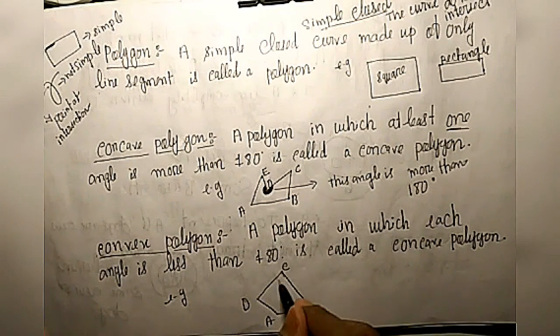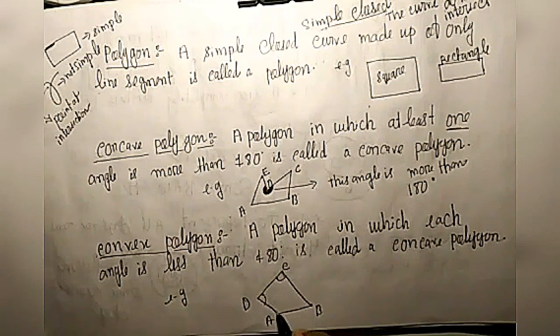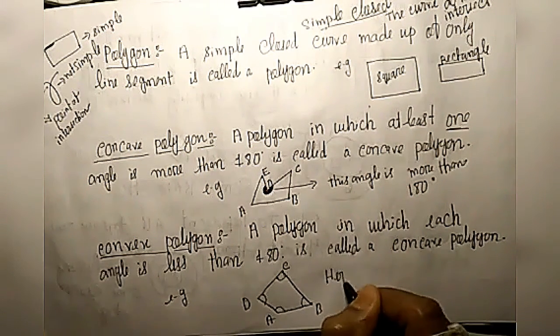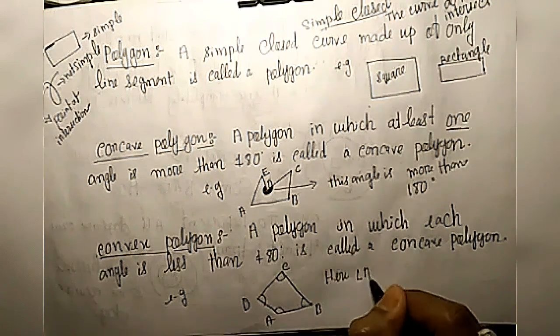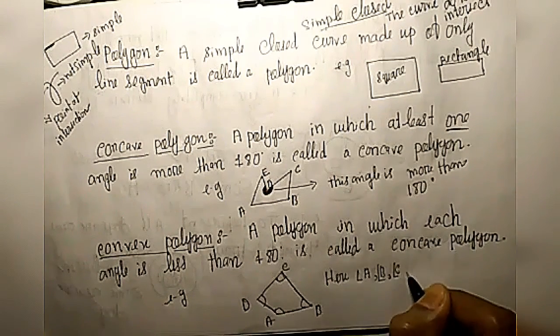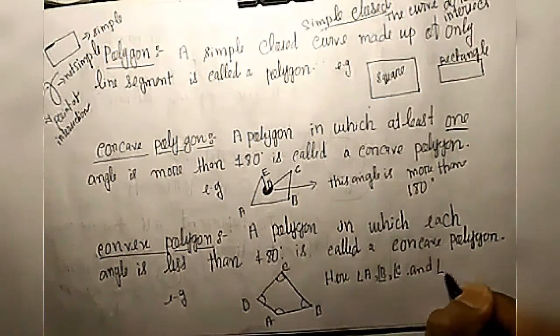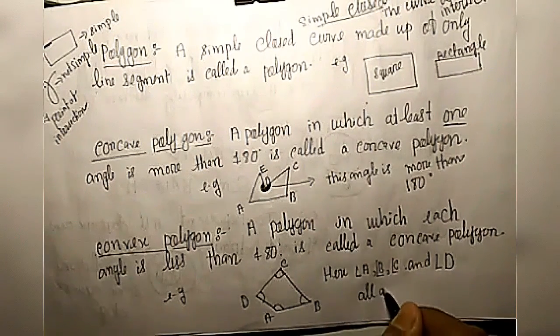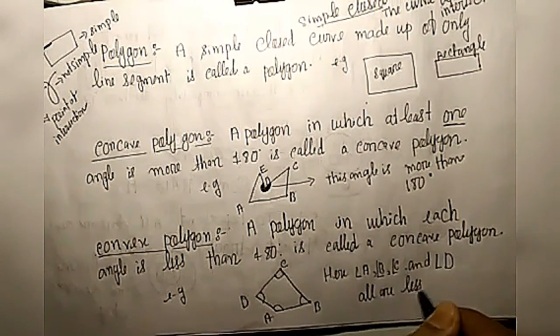It has 4 angles A, B, C, D, and we can see that each angle is less than 180 degrees. So here angles A, B, C and D, all 4 angles are less than 180 degrees.